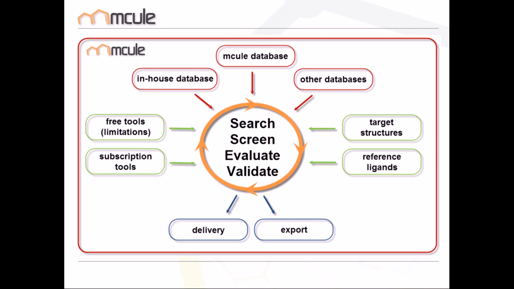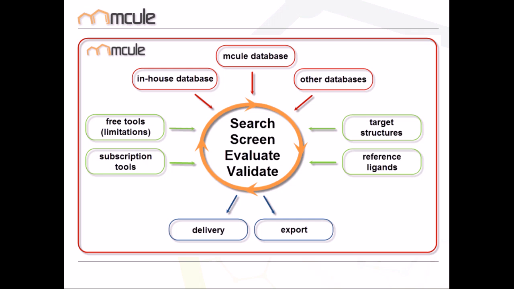In particular, we do care about novelty checks and valence checks. We check for unusual charges, isotopes, free radicals, a lot of stereochemical issues, untypical organometallic representations, and so on. So all these problematic structures are filtered out.